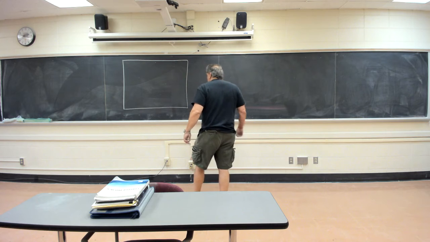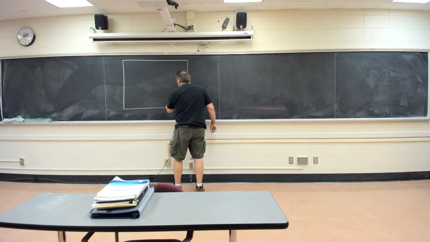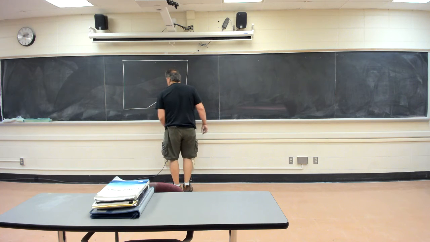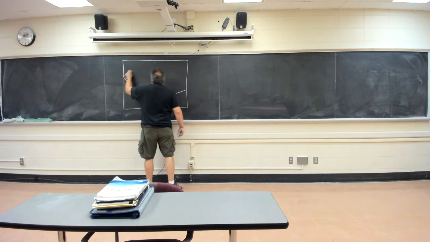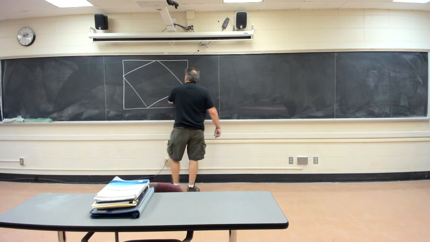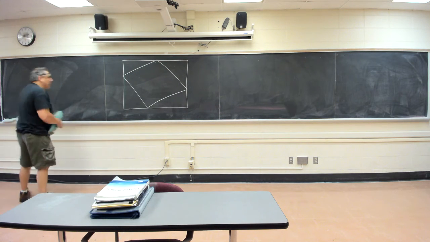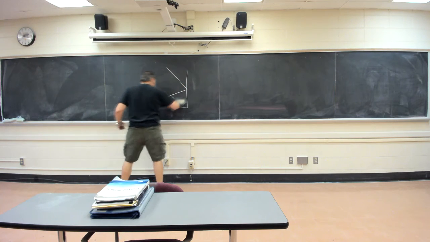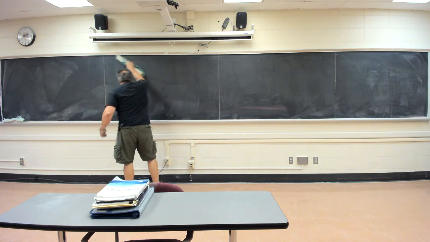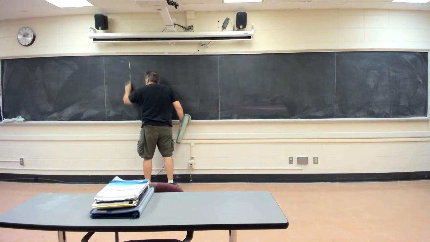All right, let's draw that. That is horrible. Maybe I do need to get better at it, guys. Hold on. I'm going to do a square within a square, I guess. Let me just see if I can pull it off.